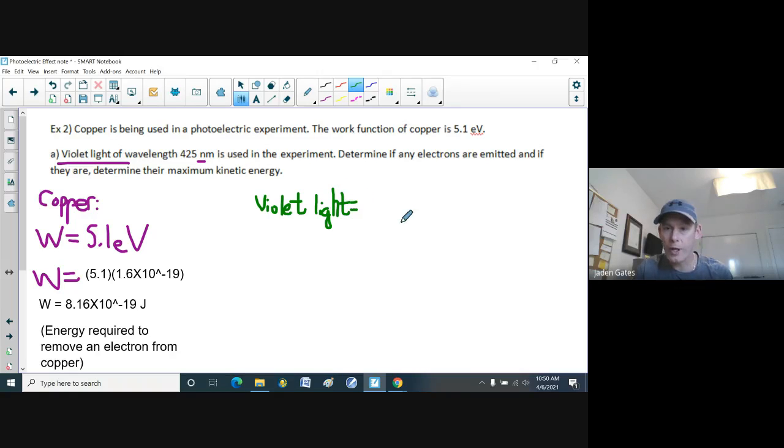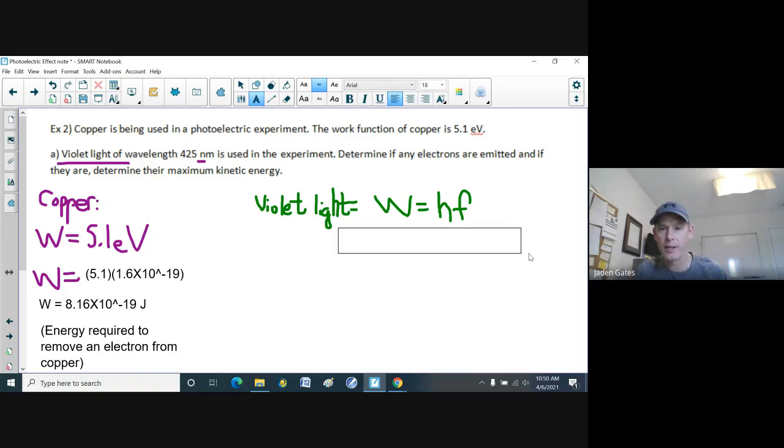So we're going to look at the energy, which is our h times the frequency of violet light. This will represent the energy supplied, or contained, I should say, in the photons of violet light.